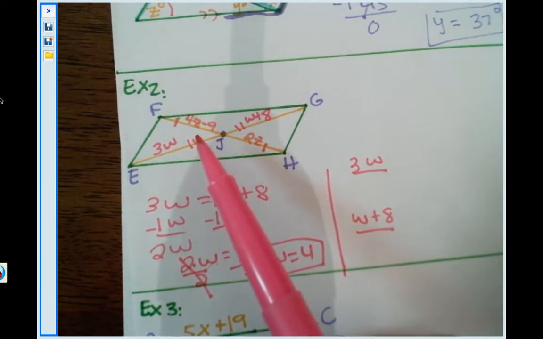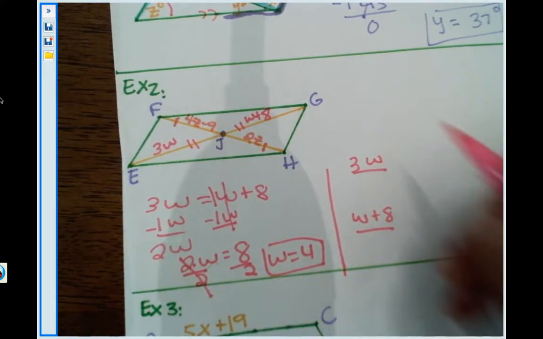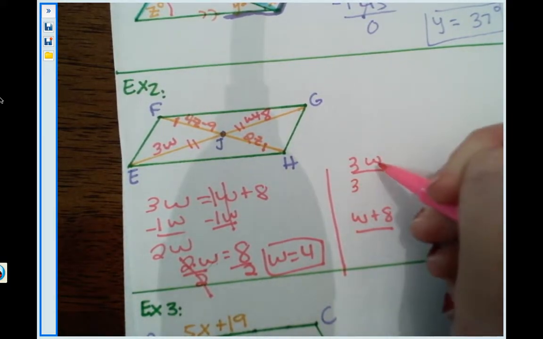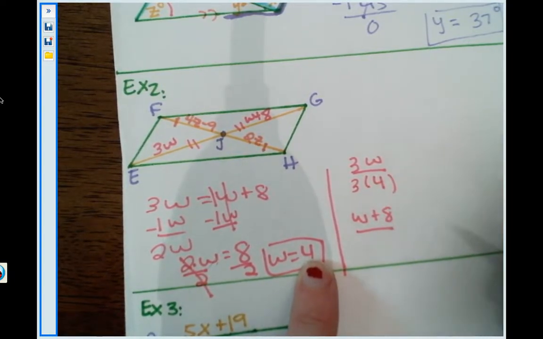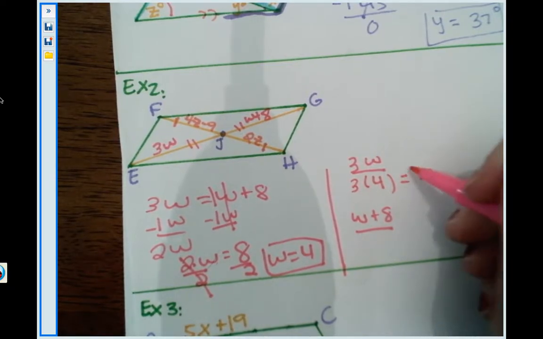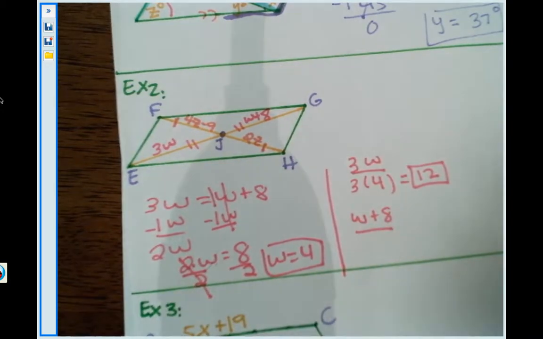If I do it correctly, we know that these two should be congruent, so we should get the same thing each time. So let's see what happens. 3 times W, which I'm going to replace with a 4. And 3 times 4 is 12. So one of my lengths is 12, which means this one better be 12 or you need to reevaluate your problem.